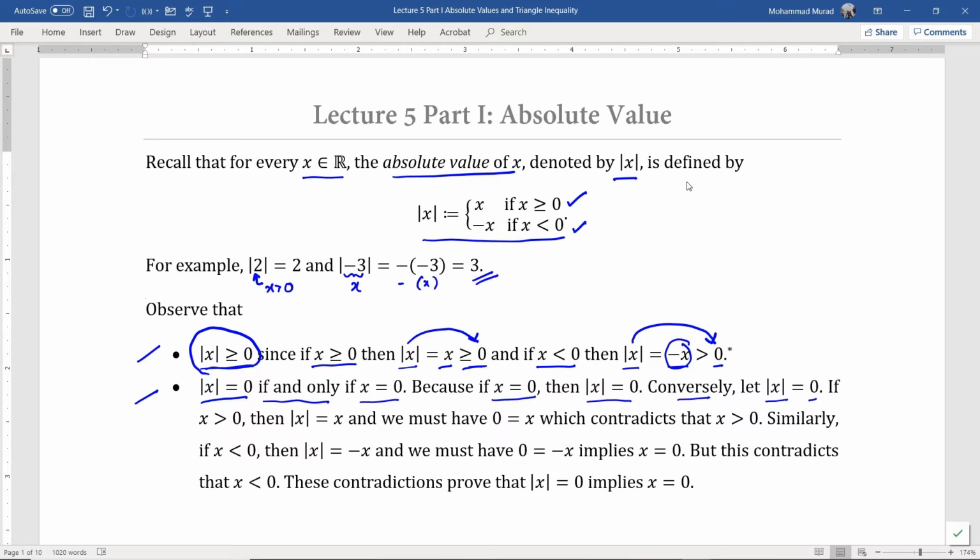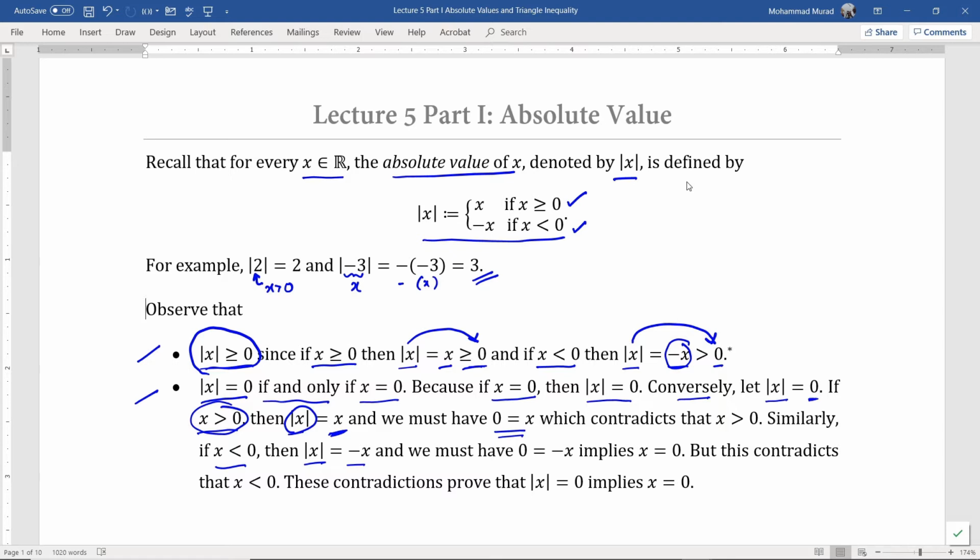To show this, let us consider x is a positive quantity. Then absolute value of x equals x by definition of the absolute value. But we have absolute value of x equals 0. So x must be equal to 0, which contradicts our assumption that x was positive. Similarly, if x is negative, then absolute value of x equals negative x by definition.